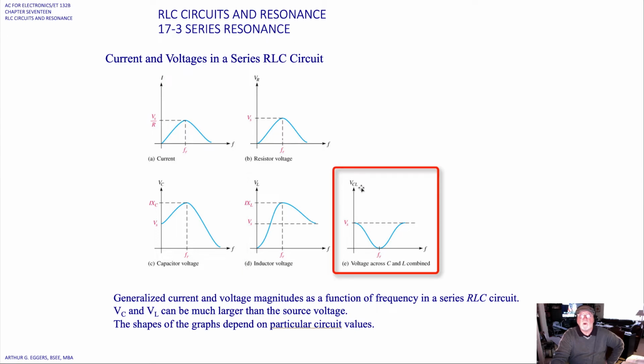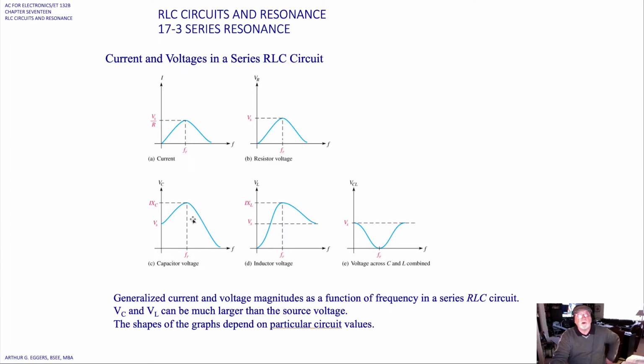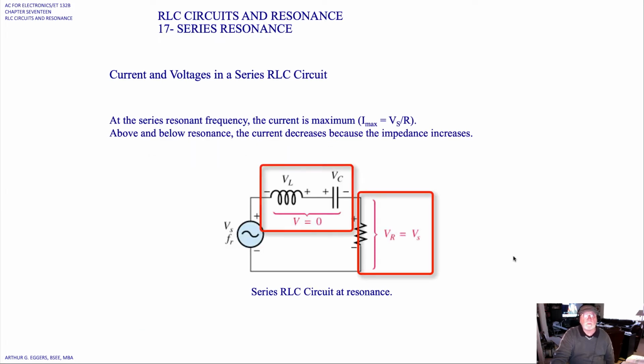Finally, for the combination of the two, we can see at the resonant frequency the voltage drops to zero. Keep in mind as we're working through your circuits what these diagrams are showing you. You might want to mark them in your book so that they're a reminder of what you should be seeing as you're making your measurements in the labs for resonant circuits.